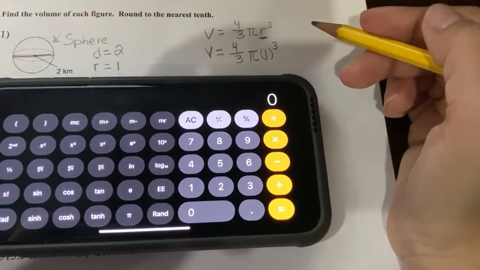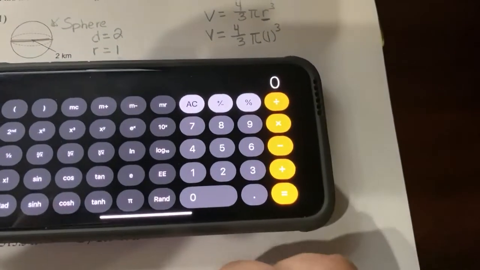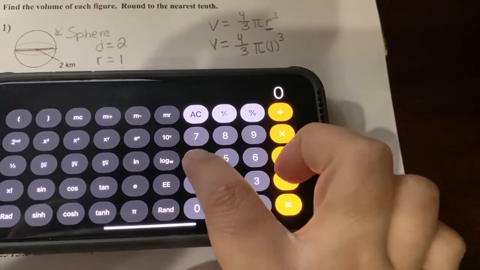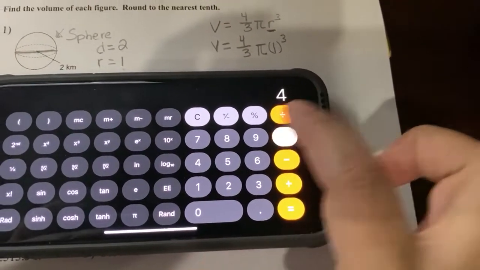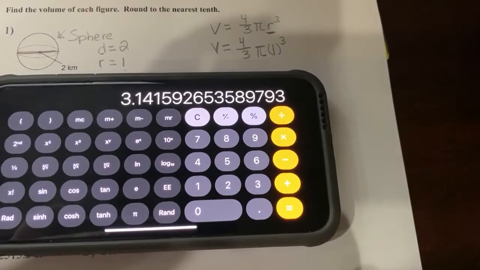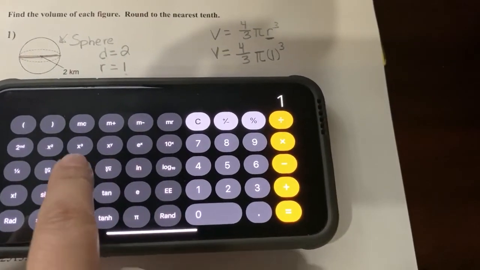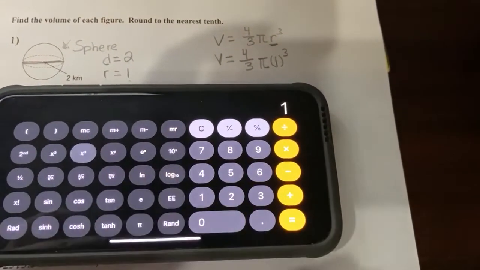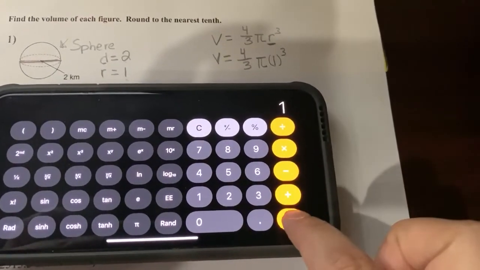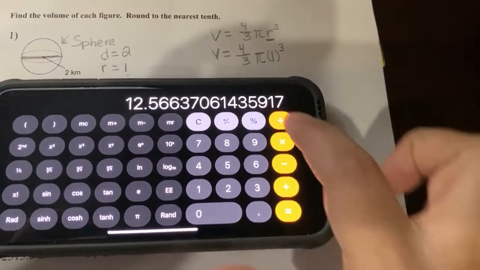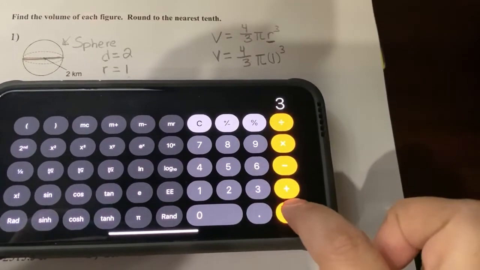Then I'm going to divide by 3. So let's go ahead and do that. 4 times pi, that's a pi symbol, times 1, and then to the 3rd power is right here. And then I'm going to hit enter, and then I'm going to divide by 3.